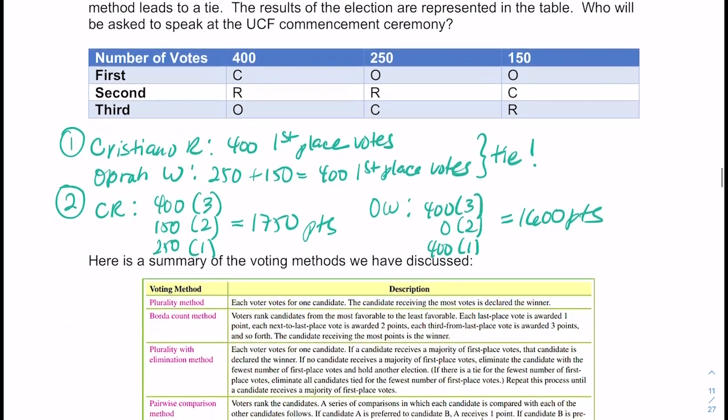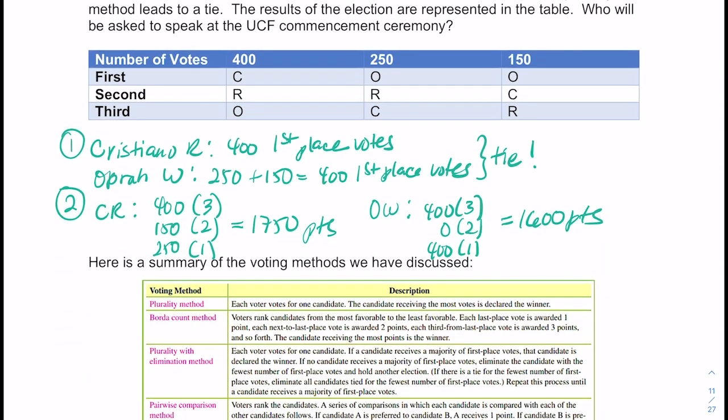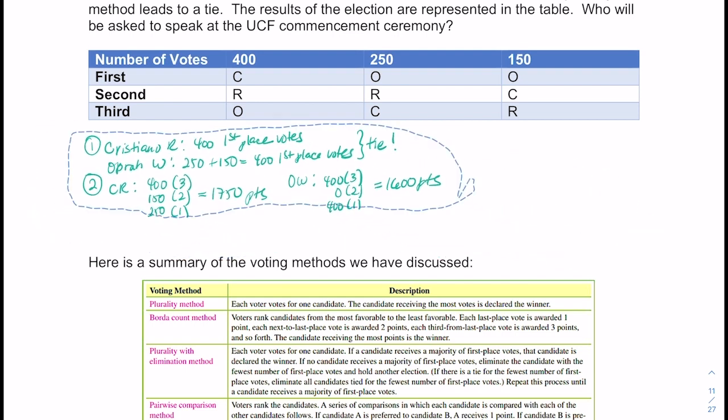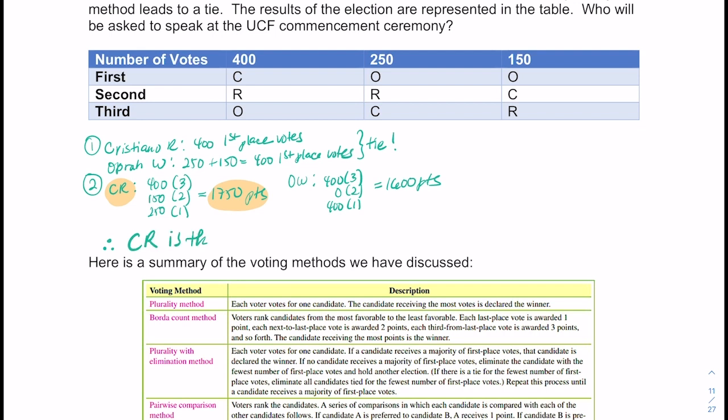So using the Borda count method, we can see that Cristiano won and will be the speaker at the commencement. Okay, so let me just shrink this a little bit so I can fit it there, and then I'll highlight this. And therefore, Cristiano Ronaldo is the commencement speaker.